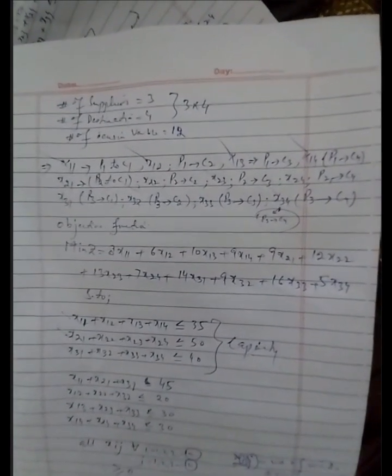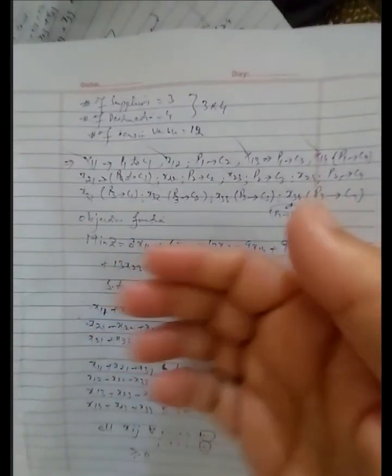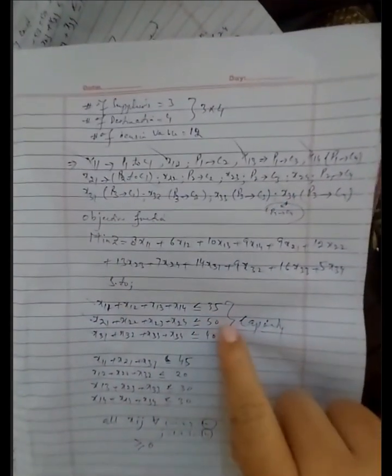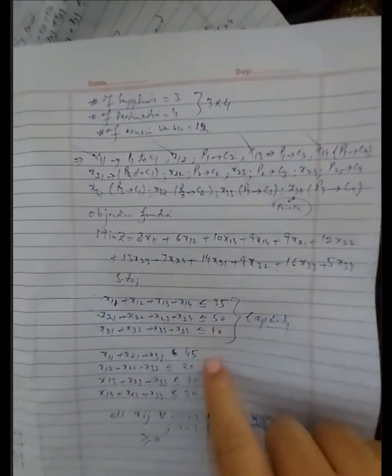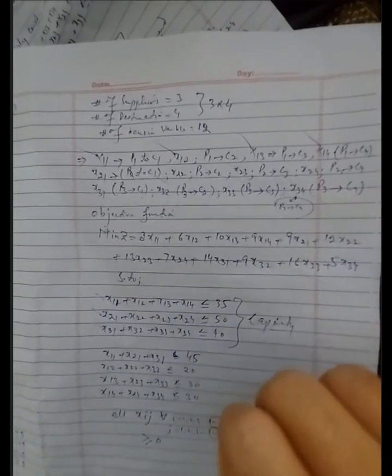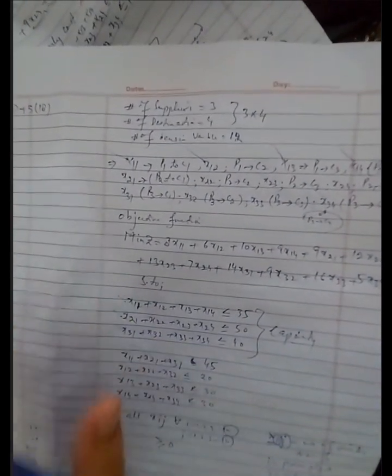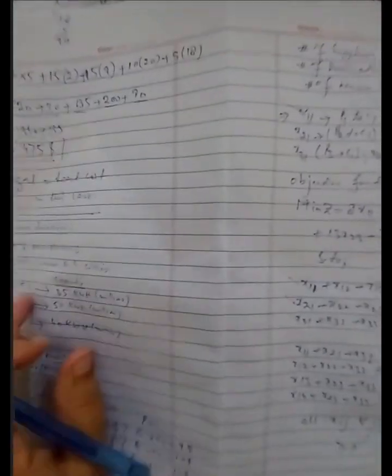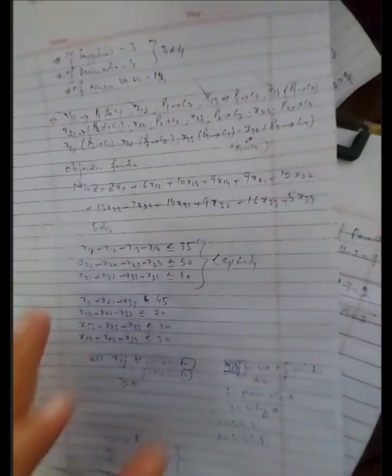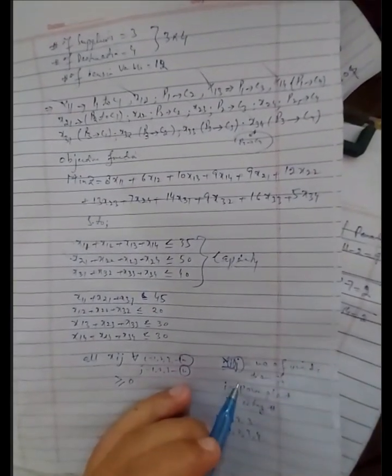Now it is subject to two main constraints. The first one is the capacity constraints and the second one is the demand constraints. The capacity constraints will be for power plant 1, 2 and 3. We know that i is equal to the power plant.